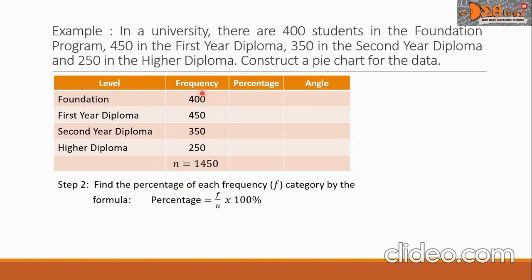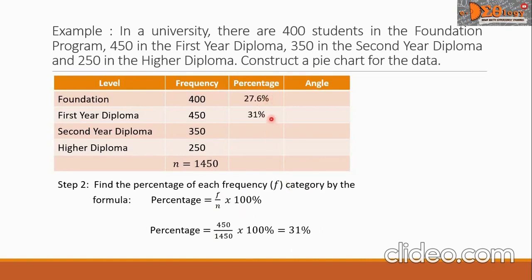So we're going to use the 400, and that is the frequency of the first level, divided by the 1450, and then multiply by 100%. And the answer is 27.6%. We will copy this value on this blank, and here we go.